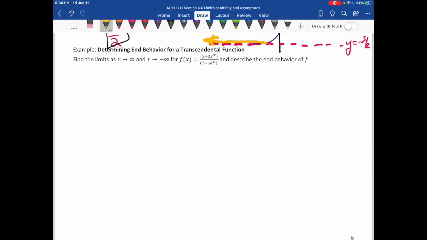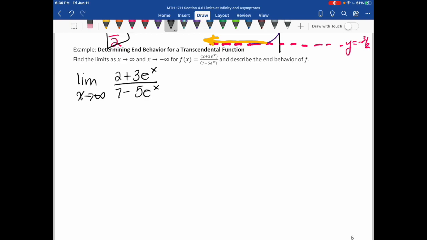In this example, we're going to look at a function that involves the natural exponential function, and we're going to look at the end behavior. So the first limit, we'll do x to positive infinity, and we'll do 2 plus 3e to the x over 7 minus 5e to the x.